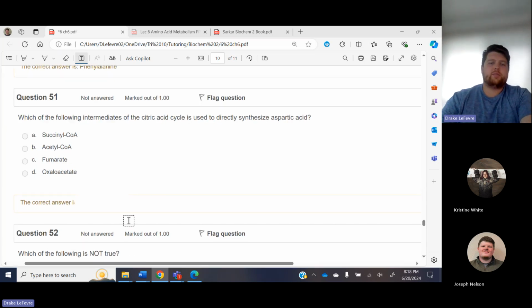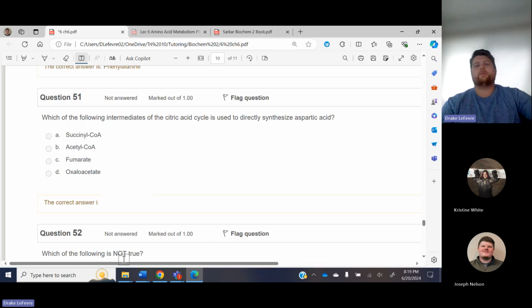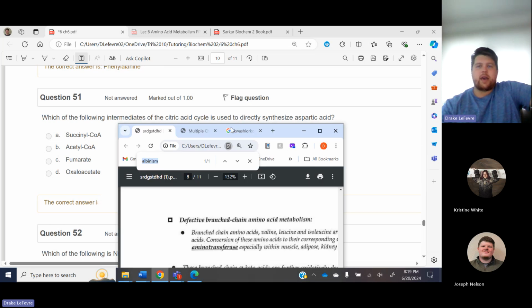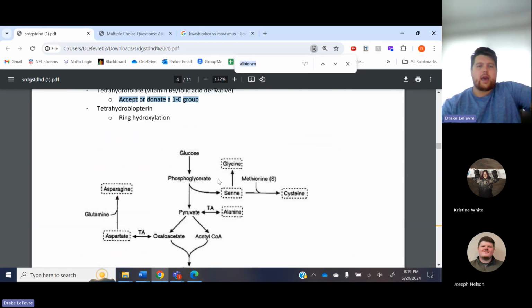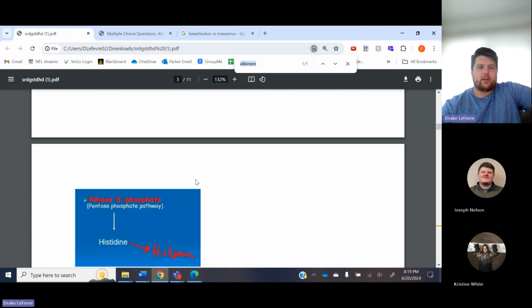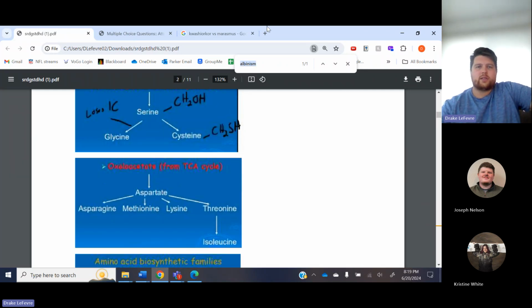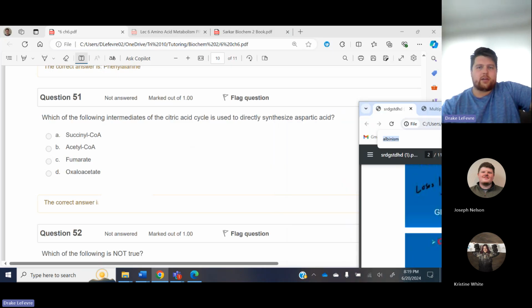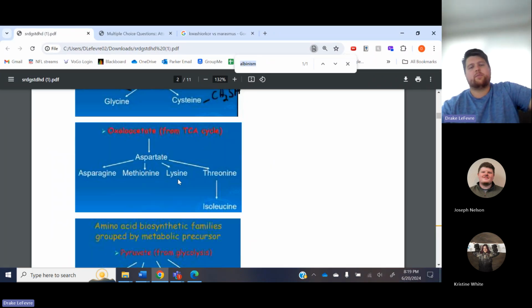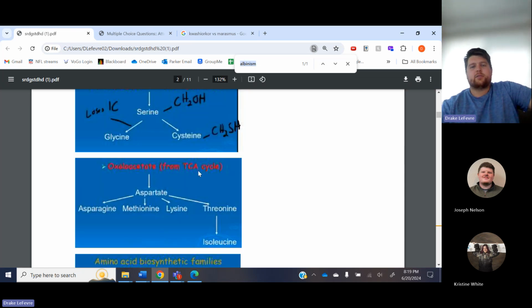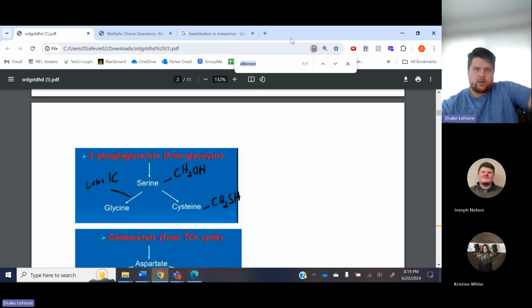Which of the following intermediates of the citric acid cycle is used to directly synthesize aspartic acid, aka aspartate? So the citric acid cycle, that's probably another way you can organize all of this, is by where they come from, either from glycolysis or from the citric acid cycle, and what their common link is.